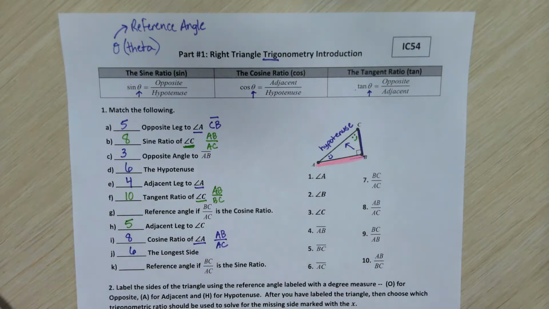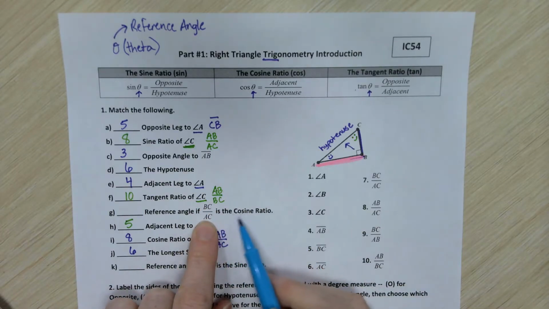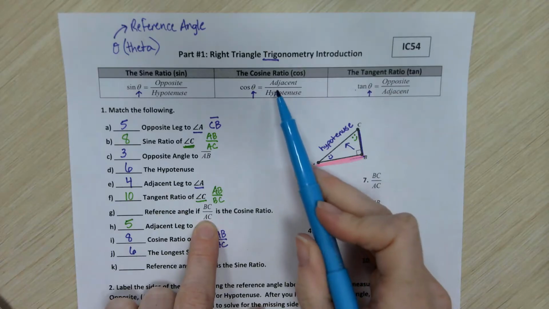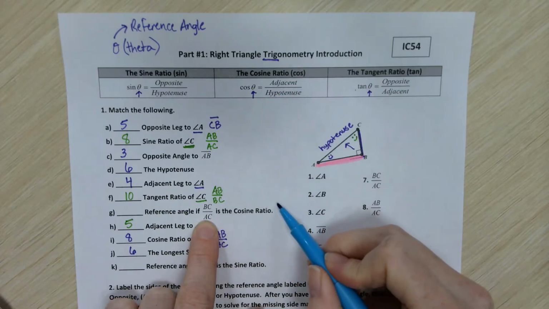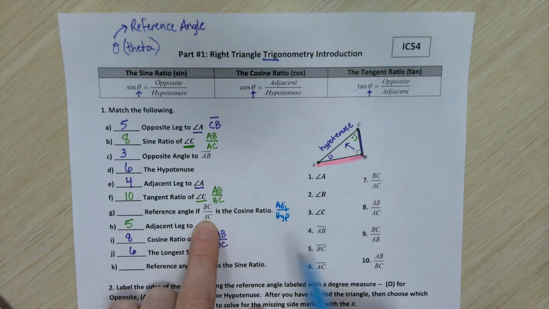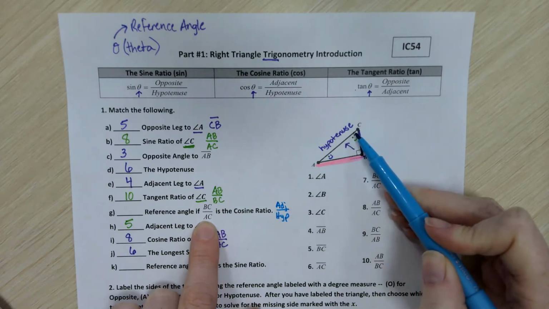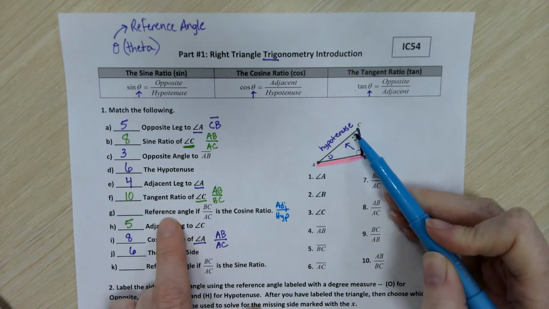Okay. These other two are going to require a little bit of a different way of thinking. So when we're thinking about BC over AC as being cosine, cosine is supposed to be adjacent over hypotenuse. This matches up. We knew AC was the hypotenuse, so that's not going to be very helpful in identifying the reference angle.